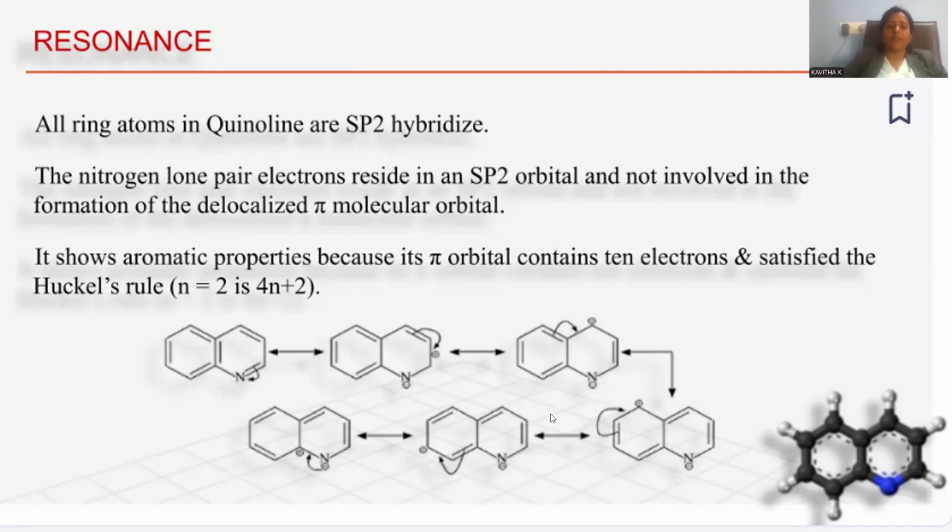Obviously, it goes for high stability. Later, we will discuss the aromaticity of the compound. All the carbons and the nitrogen are participating in sp2 hybridization, and the pi electron cloud is generated by the lateral overlapping of the orbitals, and all are lying in a single plane because of the sp2 hybridization. They perfectly obey the Huckel rule, that is, a 4n plus 2 pi electron system exists within the molecule: 6 plus 2, 8 plus 2, a 10 pi electron system. For 4n plus 2, the n value is calculated as 2.